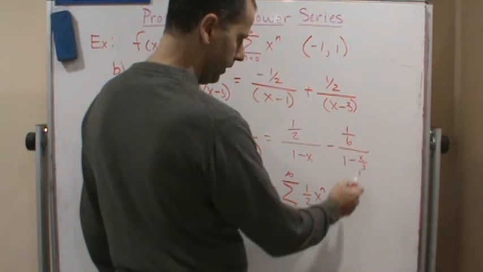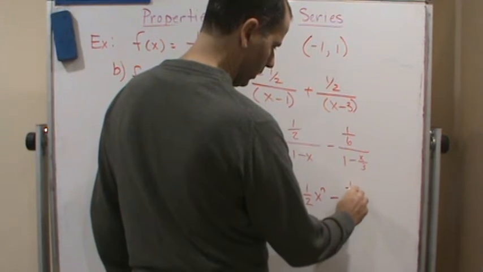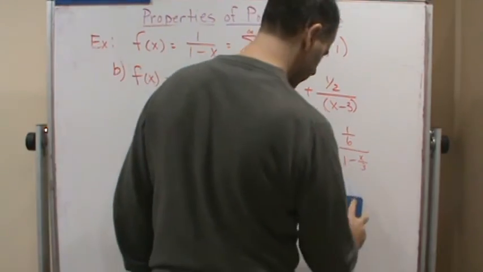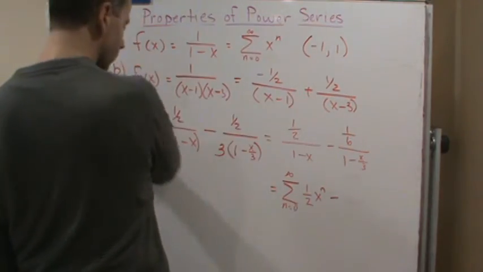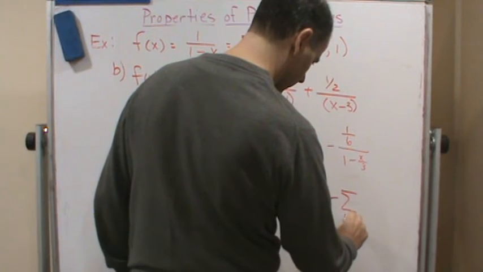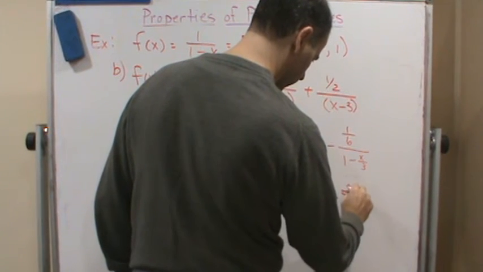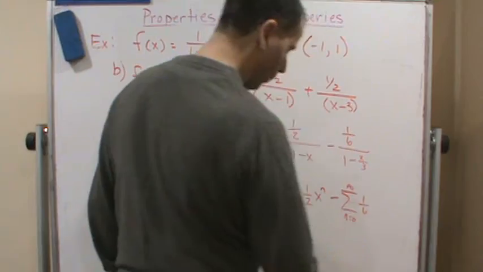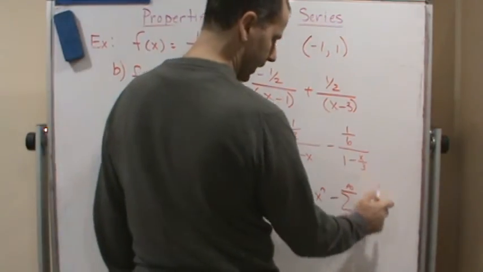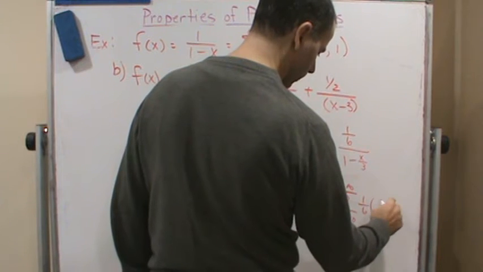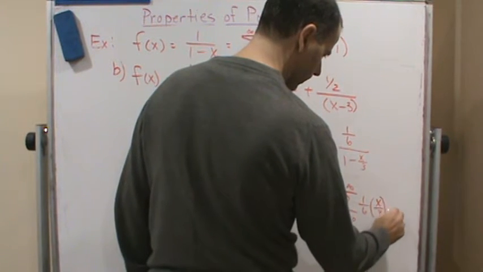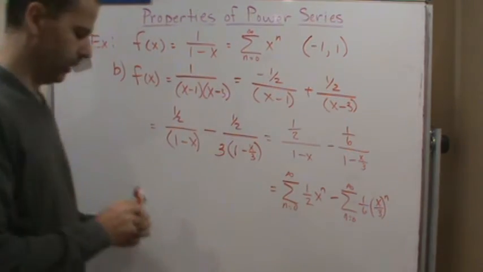And this one is going to be 1/6, oops, the series n equals 0 to infinity of 1/6 times x divided by 3 to the nth power.